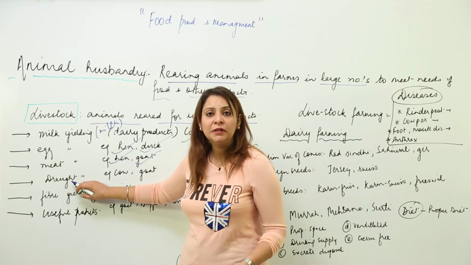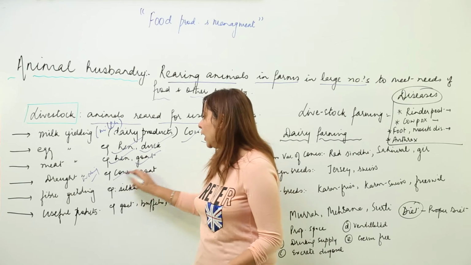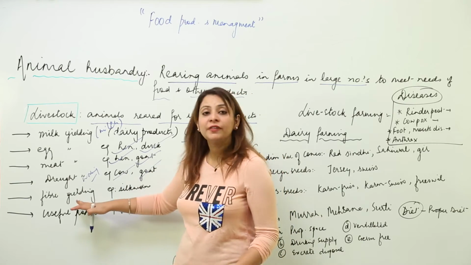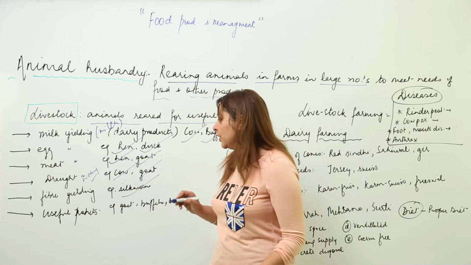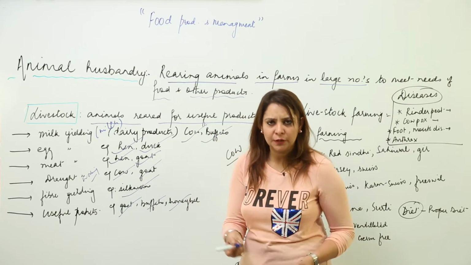We have draught animals, which are working animals, like bull, they are working for us. Likewise, we have fiber yielding animals, like silkworm. We have other useful products from animals like goat, buffalo, honeybee, they are giving some other products also.